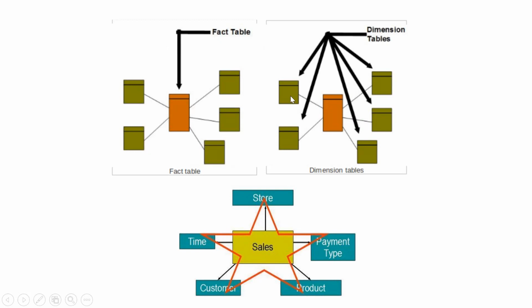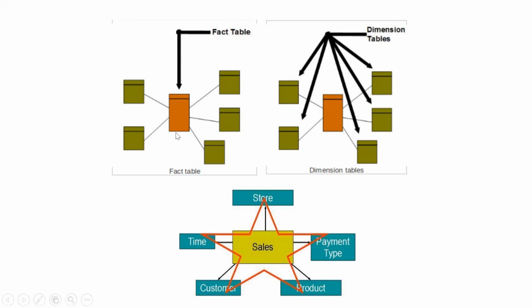The fact table is surrounded by these dimensions, just like a sales fact table with different dimensions. It looks like a star. Each dimension has one foreign key saved in the sales table. Then it forms a star. It's called star schema.